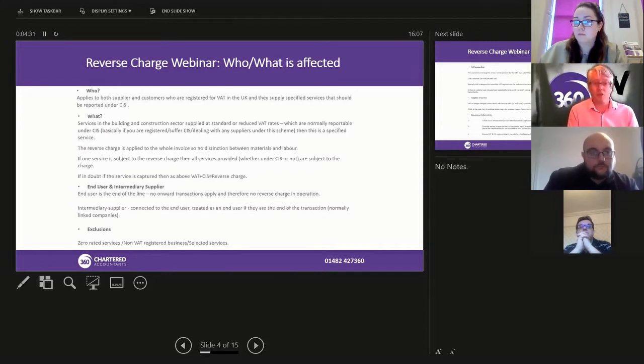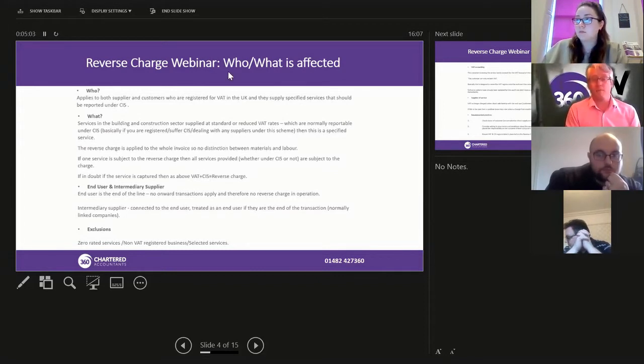And a couple of points: if you're doing split services in terms of different rates and different services, if one of the services is in, then the whole invoice is in the reverse charge. And if in doubt the service is captured, then if it's in with the VAT and your CIS, then generally it's going to be under the reverse charge.